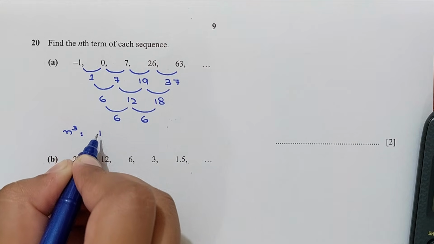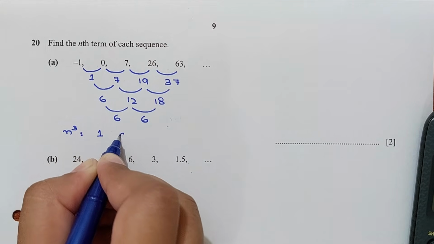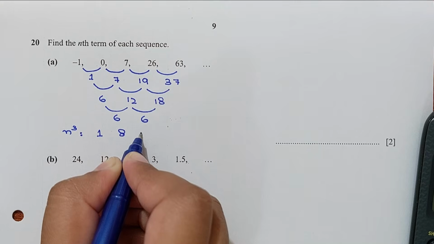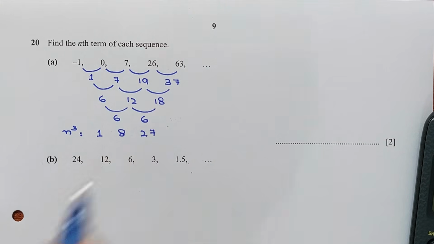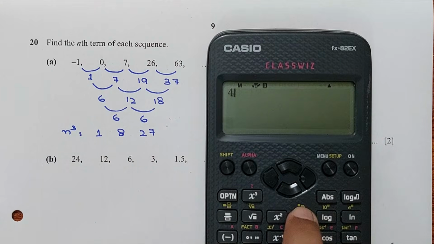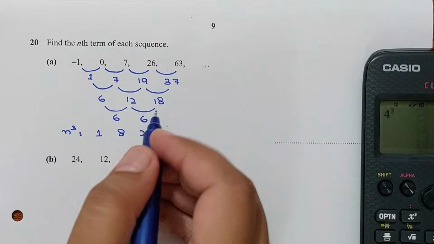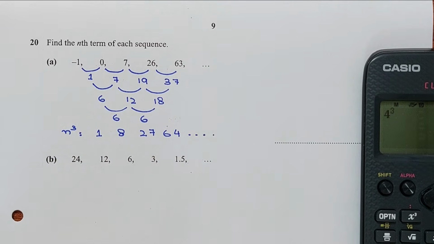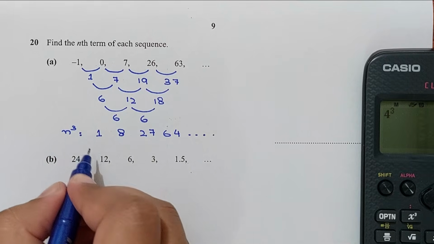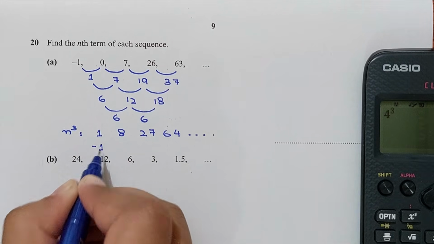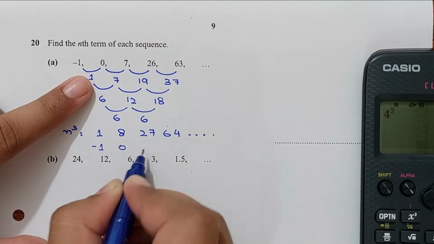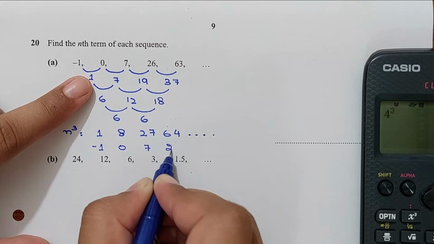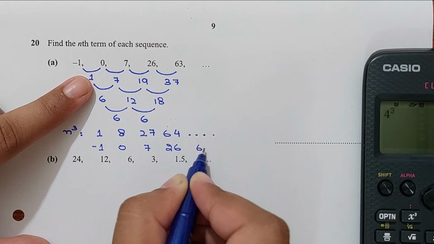So 1 cube is 1, 2 cube is 8, 3 cube is 27, 4 cube is 64, and so on. Now the first term is negative 1, then 0, 7, 26, and 63.